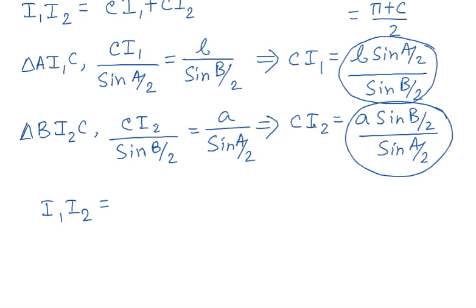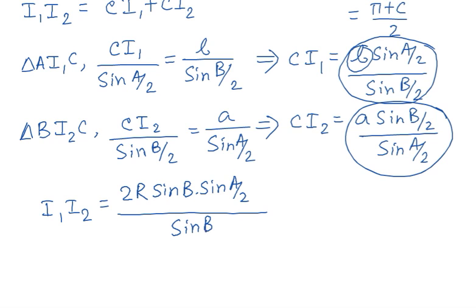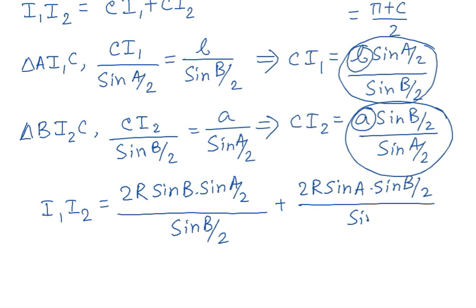So we can write this B as 2r sine B into sine A by 2 divided by sine B by 2, plus this particular A can be written as 2r sine A into sine B by 2 divided by sine A by 2.